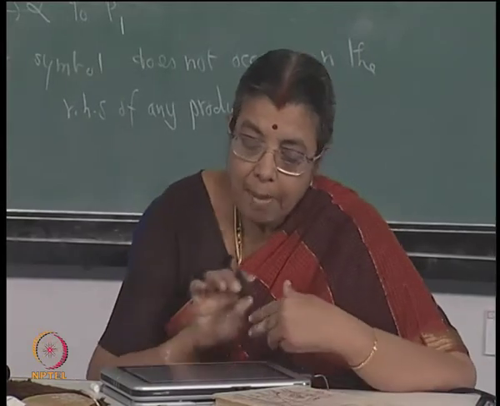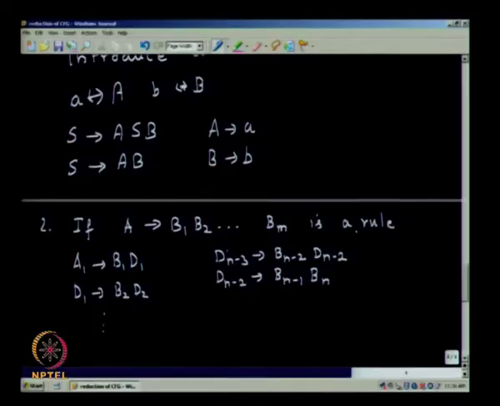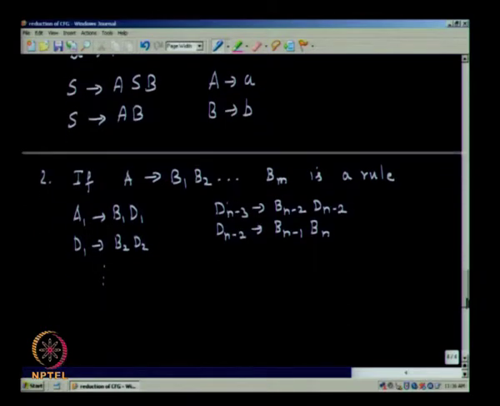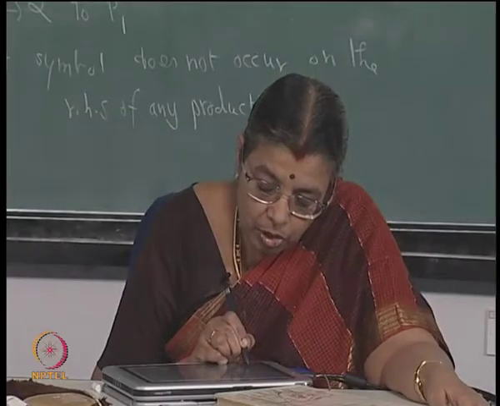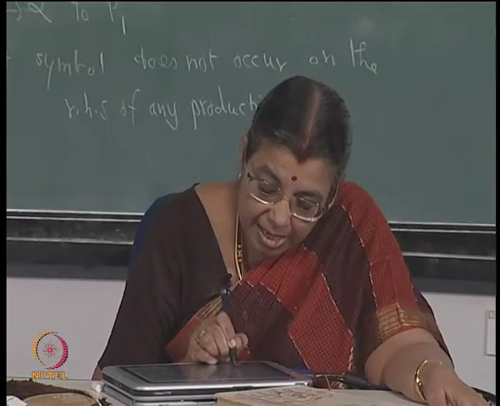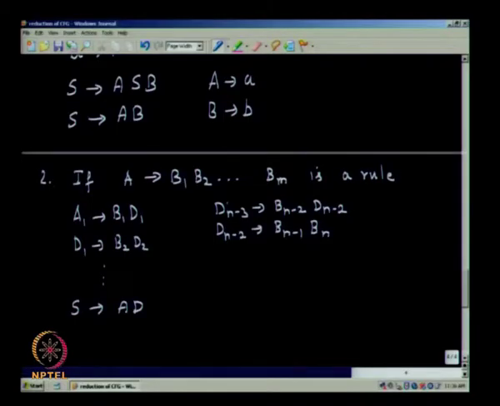So, in this example which we have considered, these 2 are in Chomsky normal form, this is no problem. The first rule alone is not in Chomsky normal form. So, you introduce a new non-terminal, say D, S goes to AD and then D goes to SB.